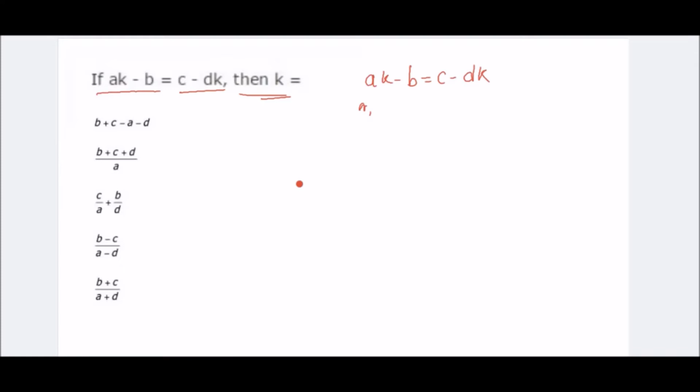So make K values on one side and the remaining on the other, AK plus DK, so we'll take K common, that will become C plus B, right? When K is common, it will become (A plus D) K equal to C plus B, and K is equal to (C plus B) divided by (A plus D). So our answer choice is the last option.